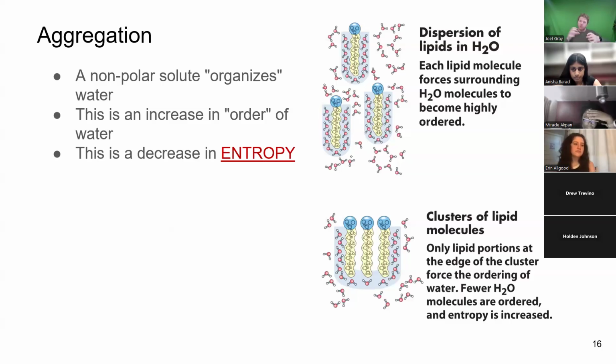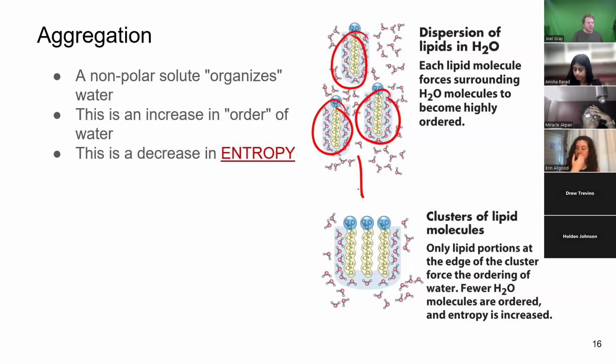The way that I think is helpful to think about it is when you have three awkward clusters of water molecules around these, going from three of them down to one of them.